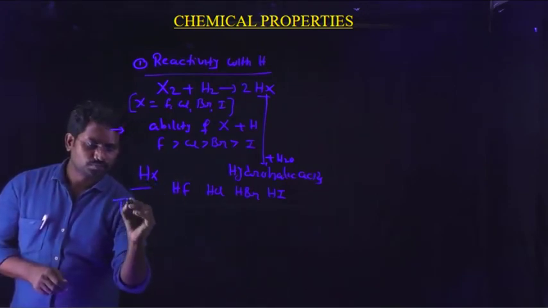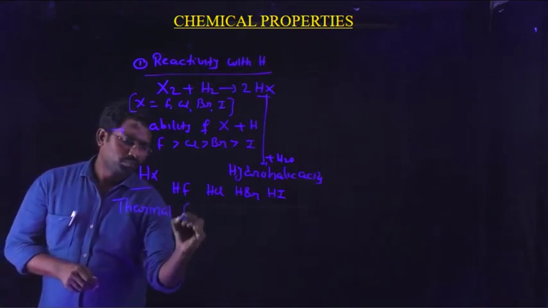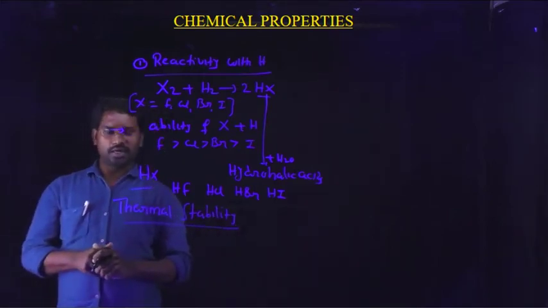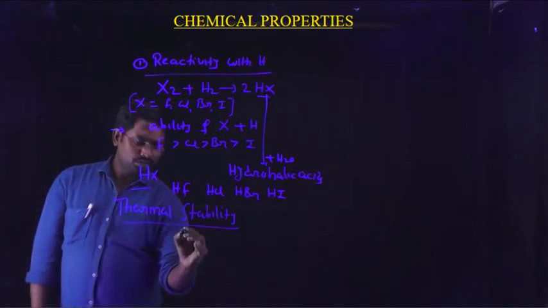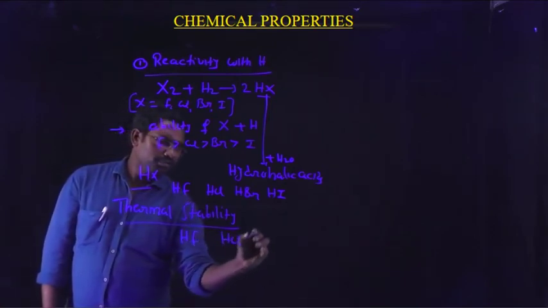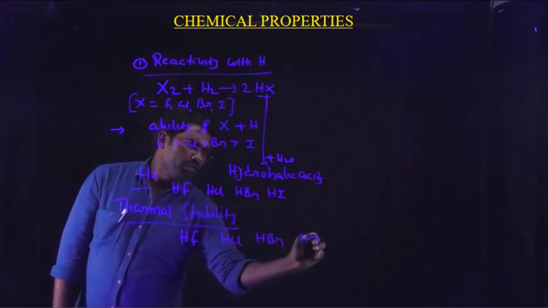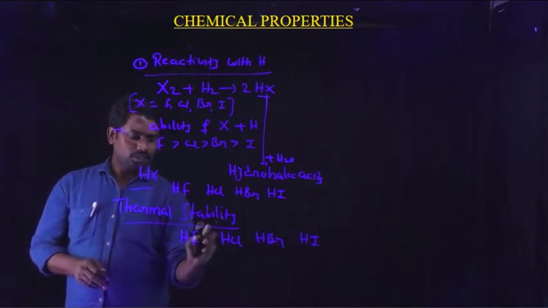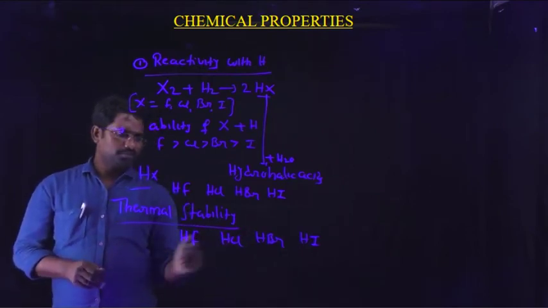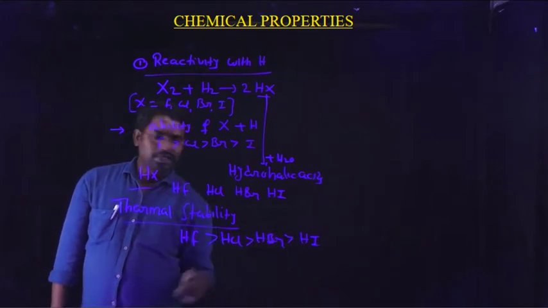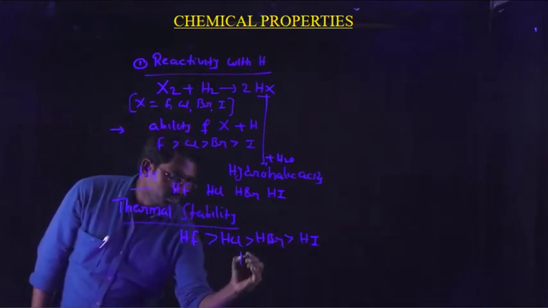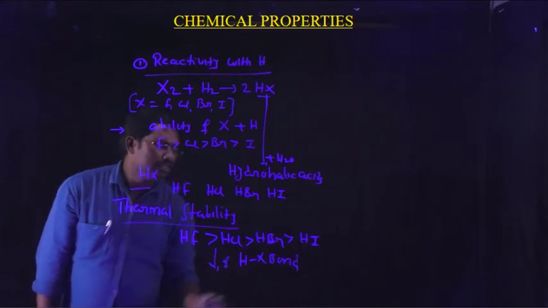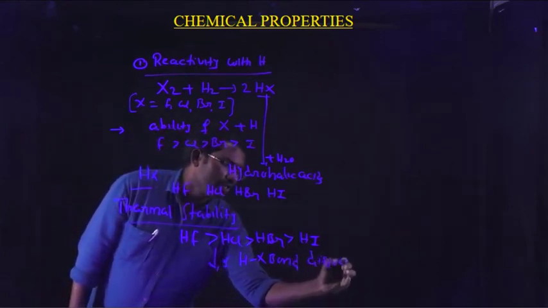First one, thermal stability. The thermal stability of hydrogen halides decreases from HF to HI, due to the decrease of HX bond dissociation enthalpy.